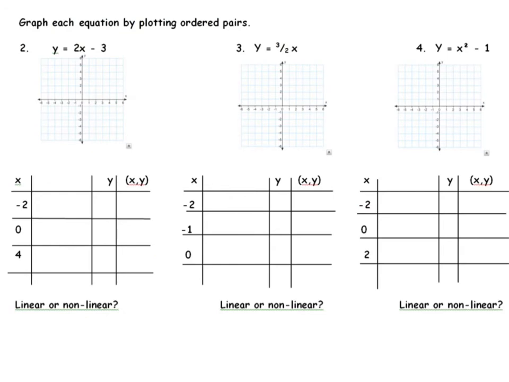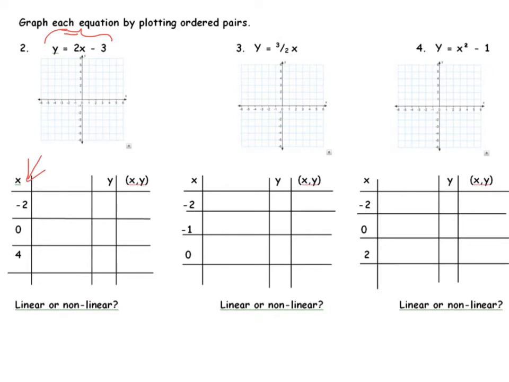The next few questions ask us to graph by plotting the ordered pairs. So the first equation we have here is y equals 2x minus 3. And we even get a couple suggested x values to try.